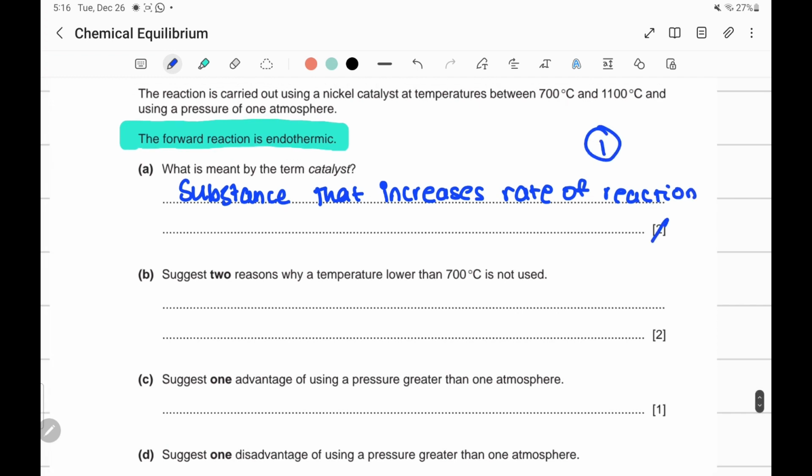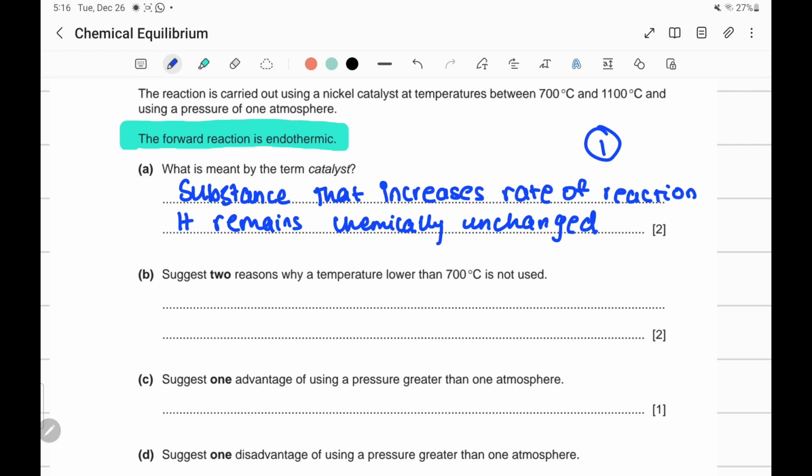If you only say this, they will not give you the total 2 marks that you want. You also have to say that it remains chemically unchanged. Or you could say that it does not take part in the chemical reaction.